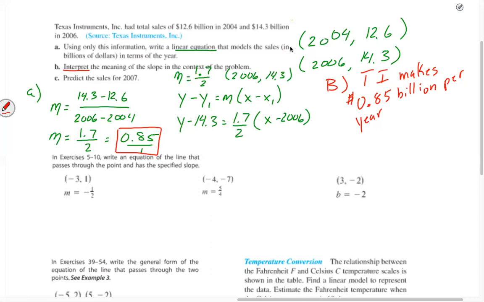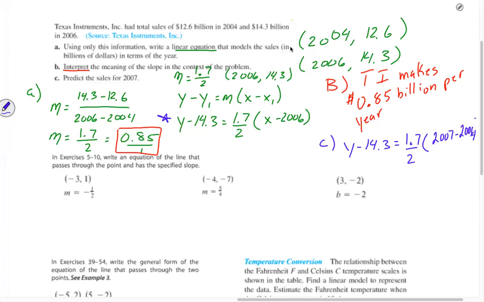The final piece says predict the sales for 2007. Here's how you predict it. We're going to take 2007 and I'm going to plug it into my equation right there. So I'm going to do y minus 14.3 equals 1.7 divided by 2 times, here it is, 2007 minus 2006. I'm just plugging in 2007.